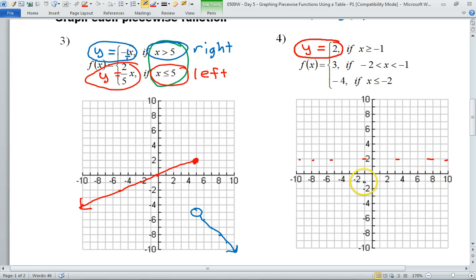But we're going to draw the part of the graph where the x values are greater than or equal to -1. So, here's the dot that's right at -1. Greater than or equal to is to the right. So I'm going to start at this dot and I'm going to go to the right.